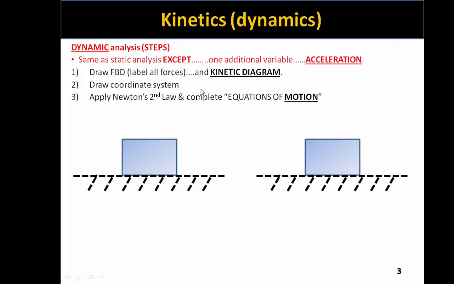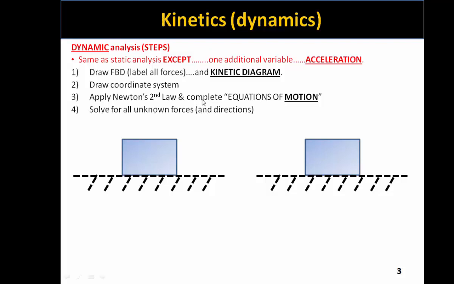When we took a statics approach, we referred to the equations as the equations of equilibrium. When we talk about a dynamic analysis, the exact same equations are now referred to as the equations of motion. So the only difference here is a change in the name, from equations of equilibrium for statics to equations of motion for a dynamic situation.